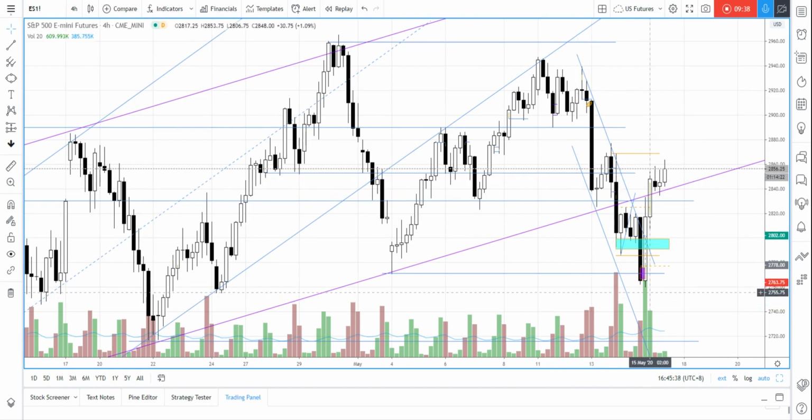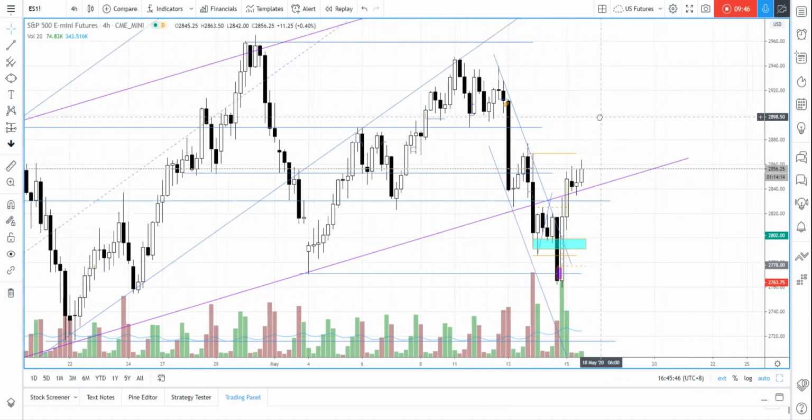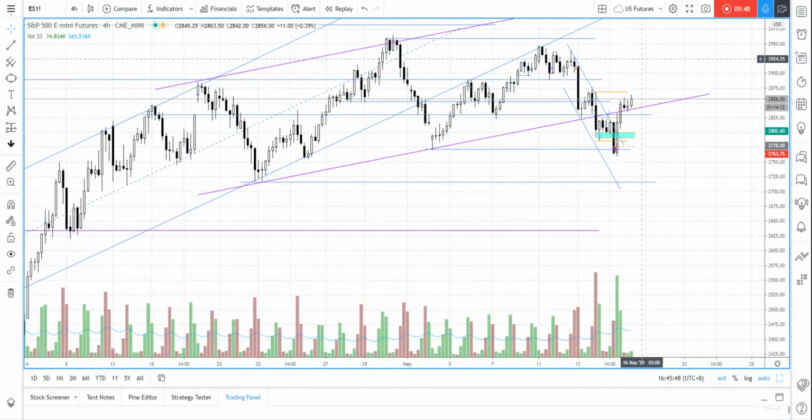So that means it's no longer a downtrend, and I expect some continuation to test the higher targets, at least 2890, which is a resistance, and further up is definitely the swing high at 2960.